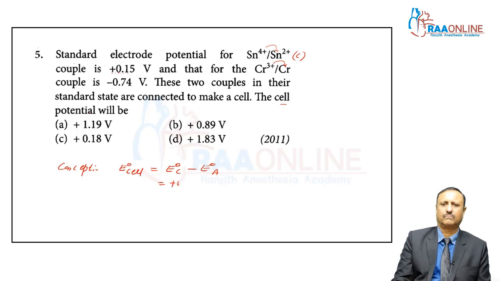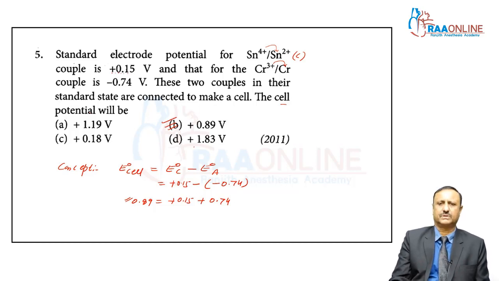So, plus 0.15 minus minus 0.74, you can write plus 0.15 plus 0.74, then you can calculate the E naught cell, and you get answer B, 0.89. When both are added, you get this answer. So, my dear students, for question number 5 the option is B.